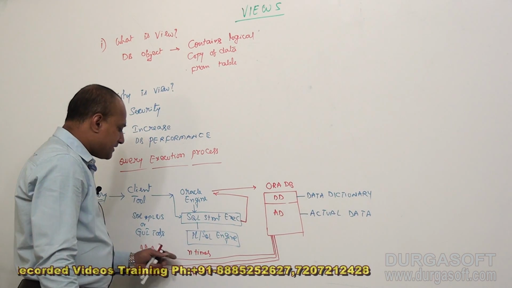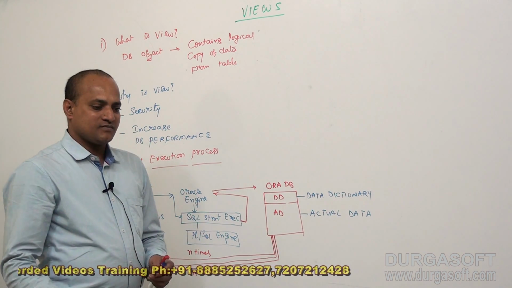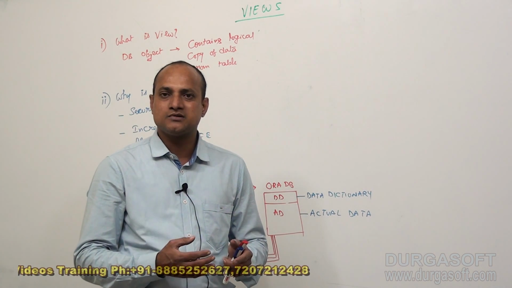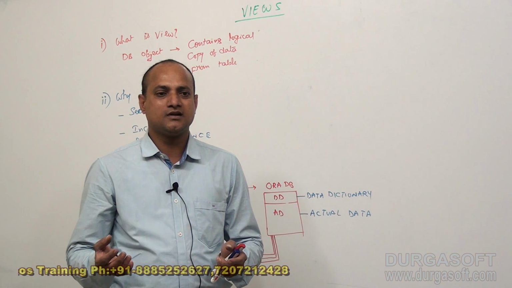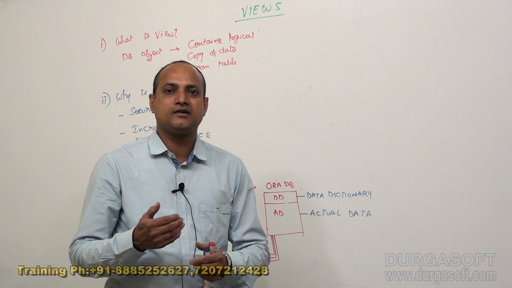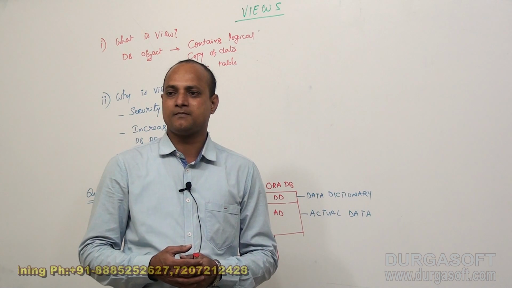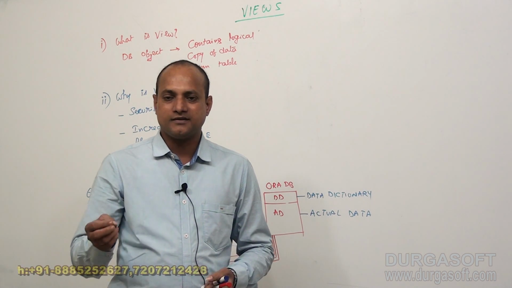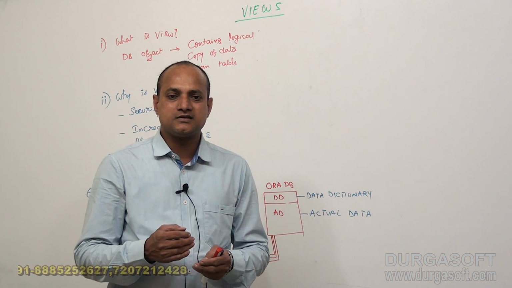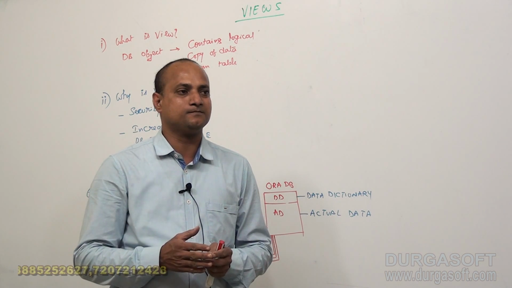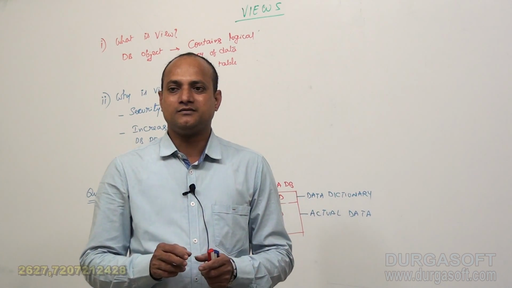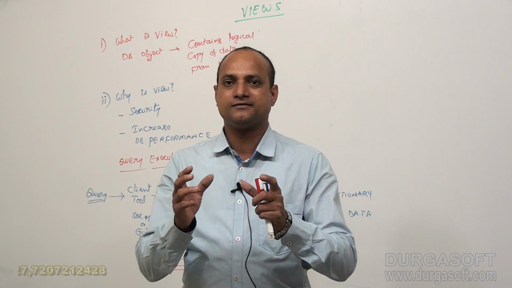What is the data you are requesting here? Data from a table. Maybe the same user or different users are requesting the same kind of data multiple times. Again I am repeating: maybe the same user or different users always want to check the sales information, or the manager data, or verify some kind of data from a table.